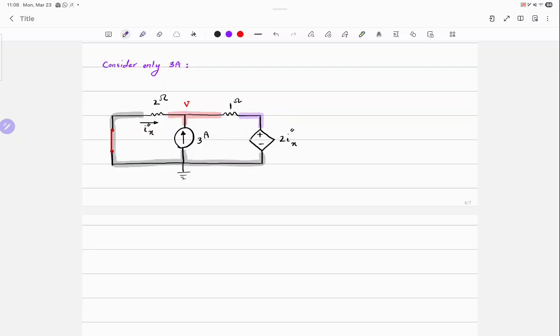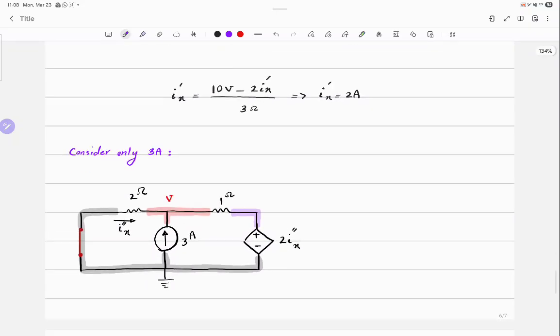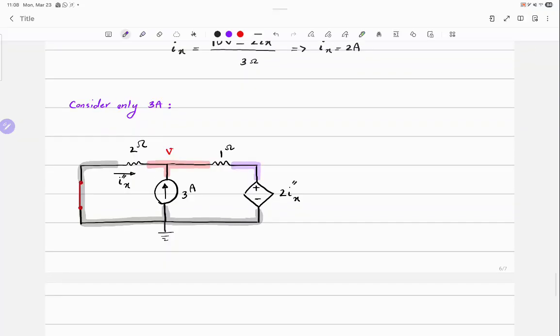Should I label that purple node, or is there already a label that I better use? What is that? 2I double prime x, right? Is there any problem with calling that V2? No. What's going to happen? You're adding a variable to all of your calculations, okay? So it's better to use 2I double prime x.